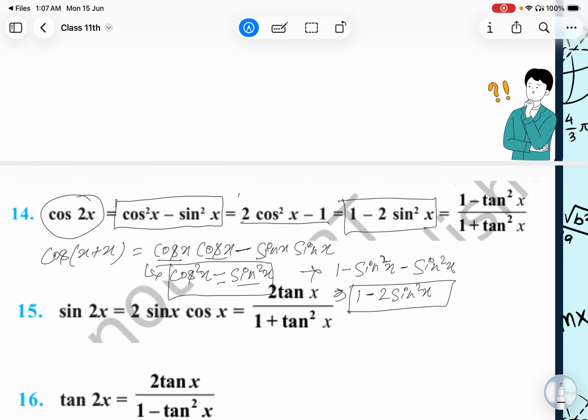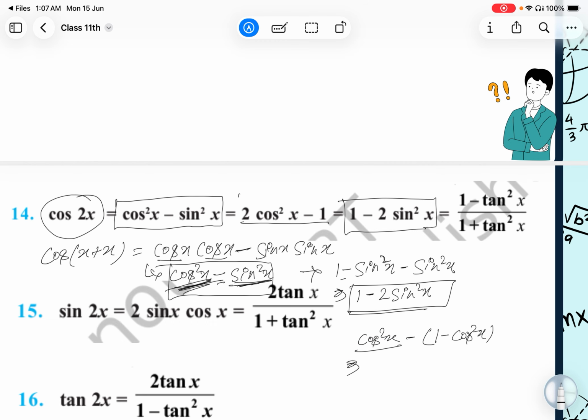Now we have to prove this. So you see, in this statement cos square x minus sin square x, we have changed cos into sin and we get this. Now cos square x will remain the same, and sin square x will be 1 minus cos square x, right?